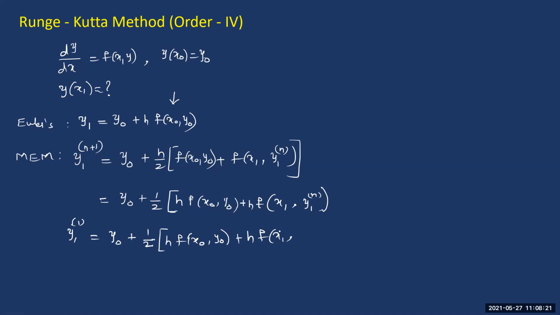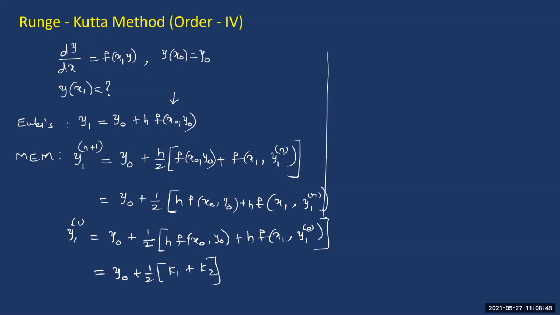Understand what it is. Okay, let me first write this as it is, y1 initial approximation. Now, for my convenience, I'm rewriting it like this: y1 first approximation, or simply y1 also, is equal to y naught plus 1 by 2 into, I'm taking all this, h into f of x naught y naught, as some k1. And I'm taking all this as k2.